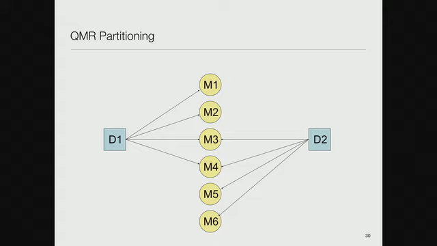So suppose I have two diseases. D1 can cause manifestations 1 through 4, and D2 can cause 3 through 6. Okay? So are these competing to explain the same case, or could they be complementary? Well, until we know what symptoms the patient actually has, we don't know.